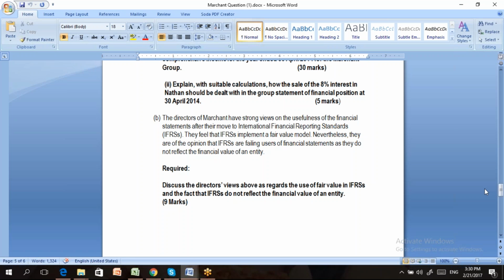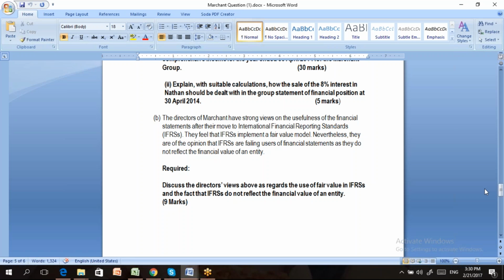That is why we do, in the consolidation, you remember, what we call fair value adjustment. All IFRSs permit us to use the historical cost, except at the time of acquisition, all assets and liabilities should be at fair value. Right?